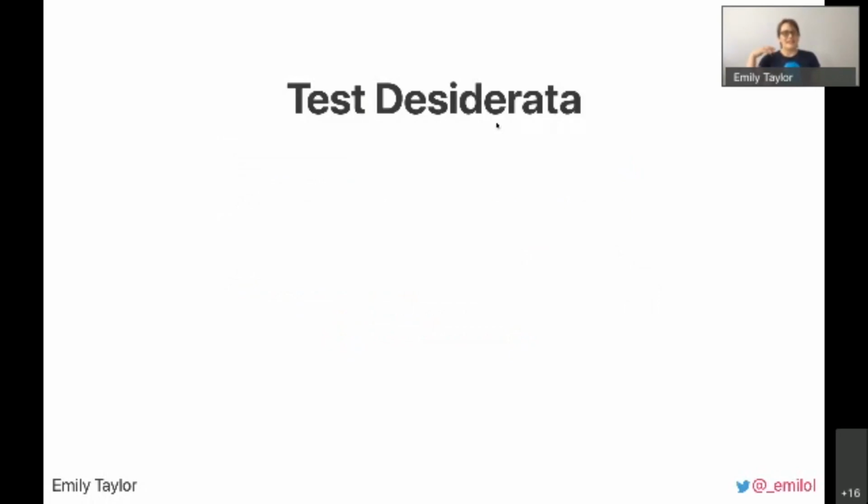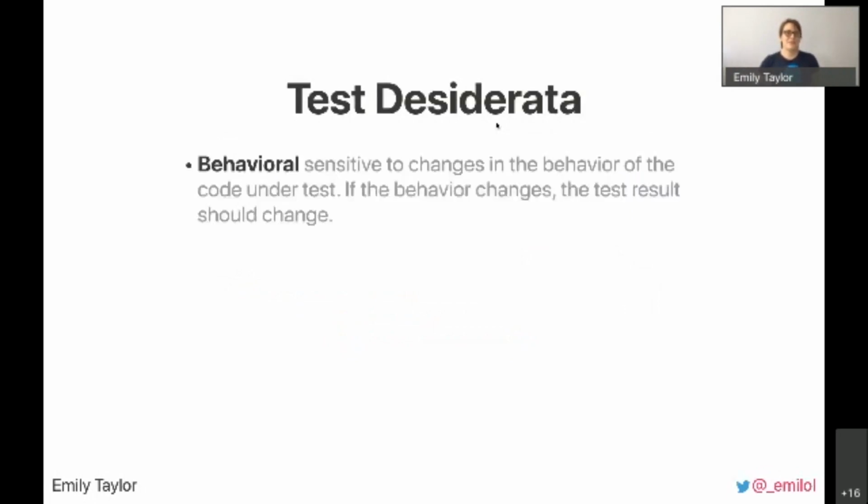And there's 12 of them. They're all in the blog post, and then each one has a YouTube video just to go through it in a bit more detail. I'm going to talk about 4 here today, so we can compare them to that test we had earlier and look at how it stacks up. So first one, behavioral. We want our test cases to be sensitive to changes in the behavior of our code.